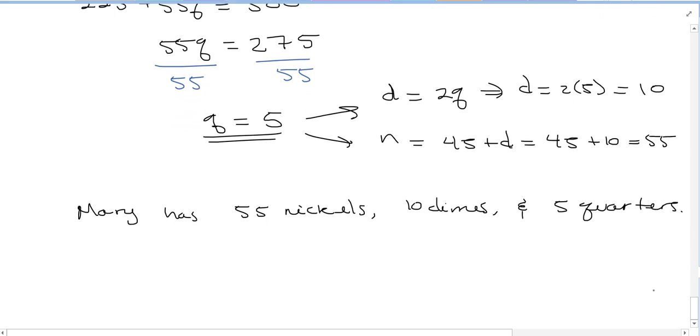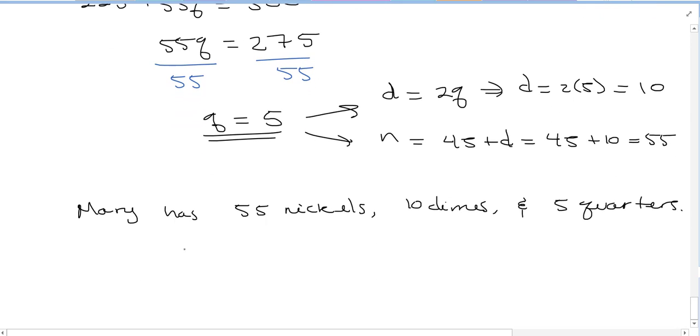Does that give you $5? We can check it, right? Do the 55 times 5, the number of nickels times the value, plus 10 dimes times the value of the dime, and 5 quarters times the value of the quarter in cents equals what?